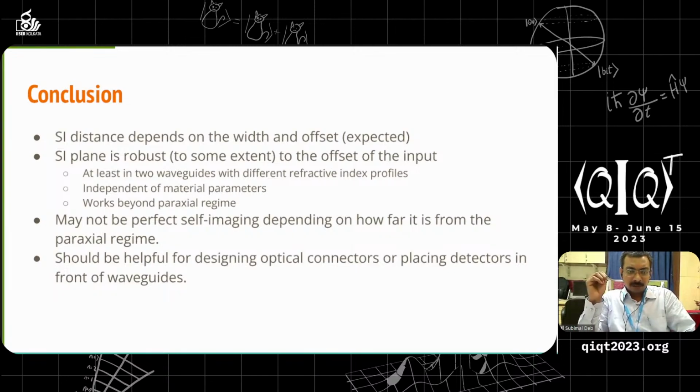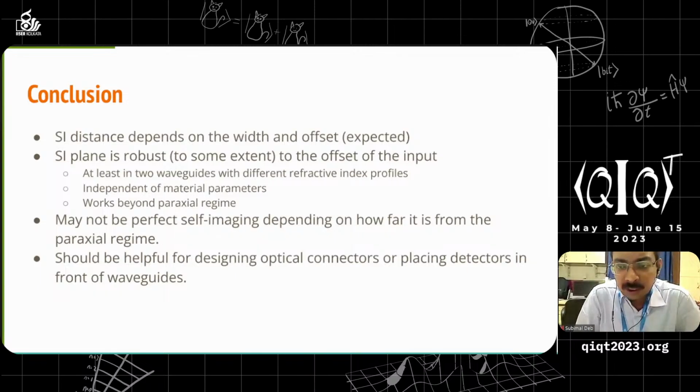This is something that we should keep in mind, and this should definitely be useful for designing very efficient optical connectors. Especially, losses happen when you cascade optical elements, when you design an optical circuit or any optical setup, at least with waveguides and photonic circuits.